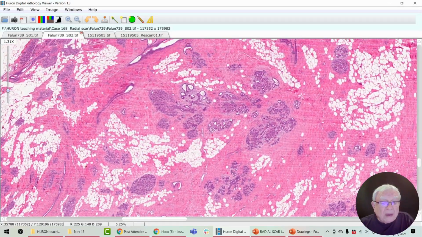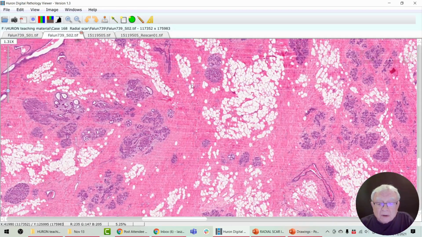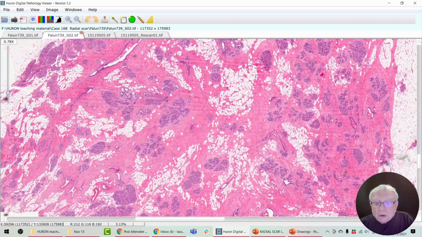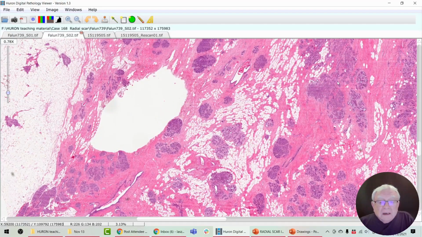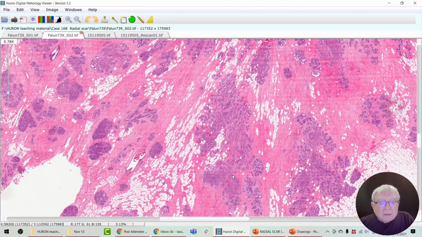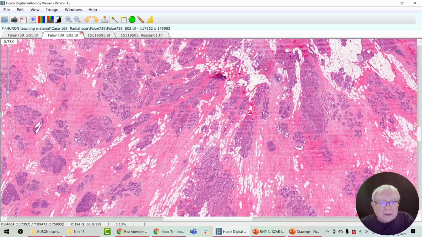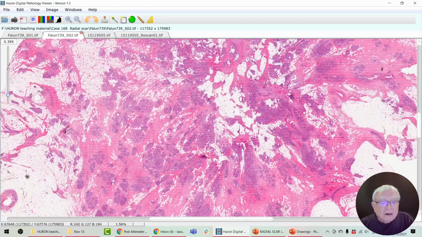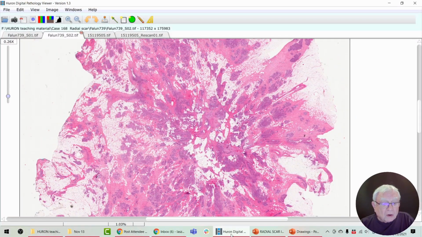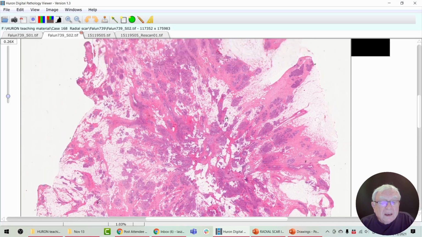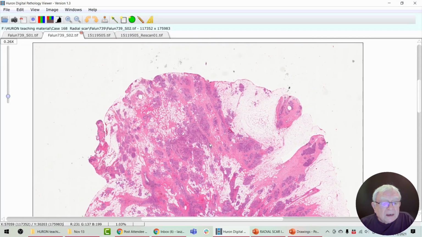All this is well within the boundaries of normal. Normal here, normal there. And now something starts here. Here is hyperplasia. You see the radiating structure, this one and that one and that one and that one. Here we are. This is the central portion of this radiating structure, all this. And then here it ends.